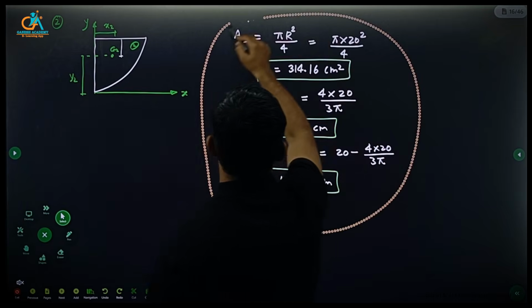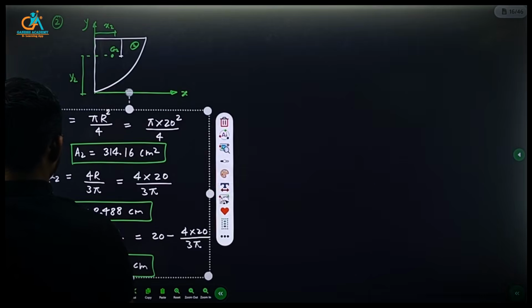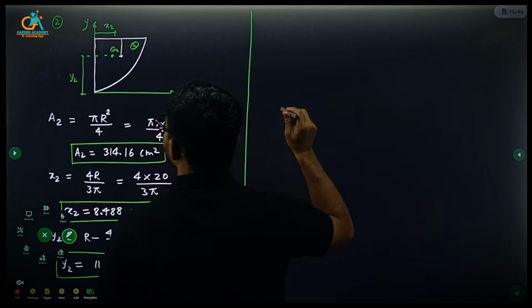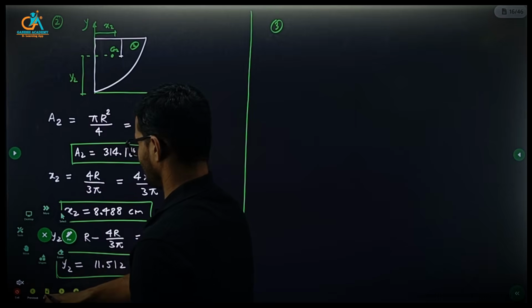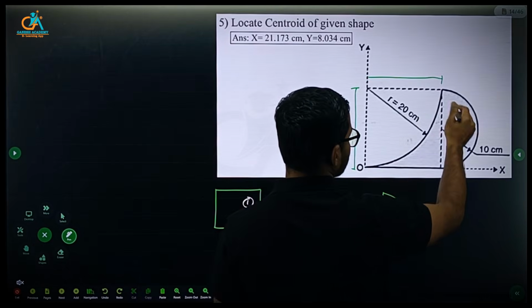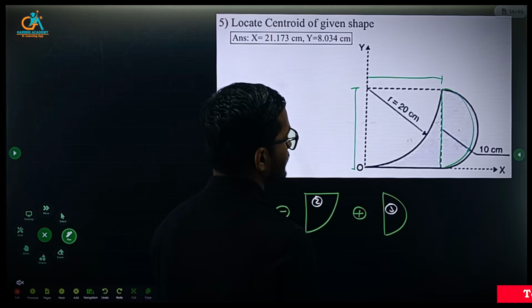And for the third diagram, the third is a semicircle. This one, right? Having radius 10.